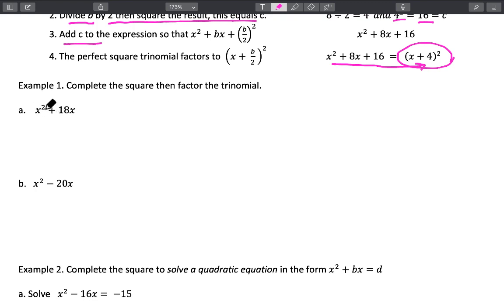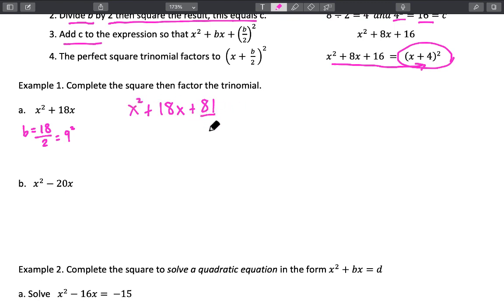All right, so we have x squared plus 18x. My b value here is 18. So I'm going to take half of that, which is 9, and square it. And that leads me to x squared plus 18x plus 9 squared, which is 81. So here's my perfect square trinomial, and now I'm going to factor it down.